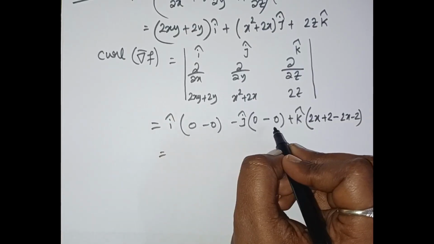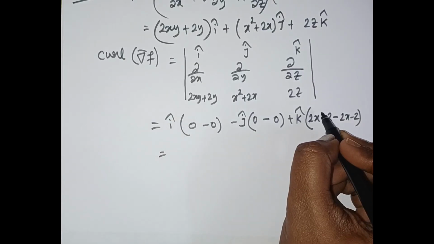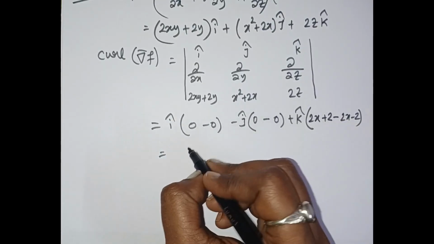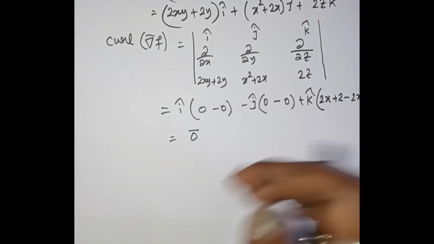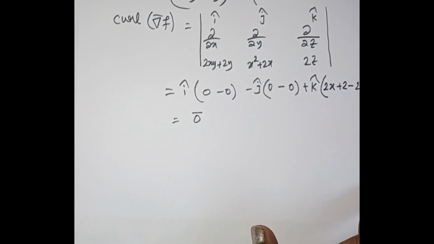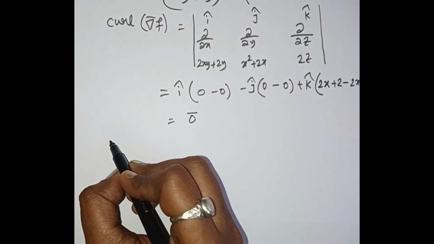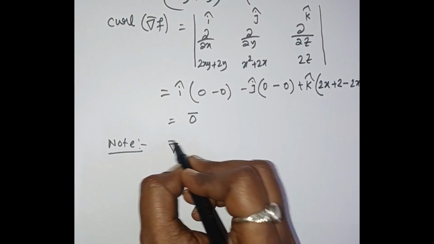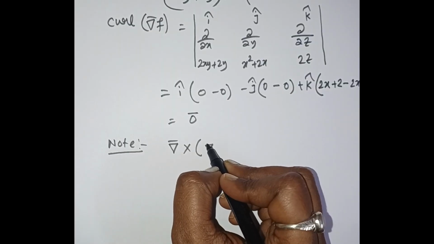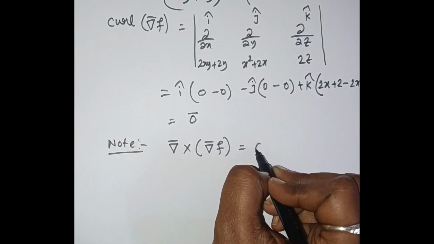So 0i plus 0j plus 0k, because 2x minus 2x cancel out, so 0 vector. That is curl of grad f equal to 0 always. And also you can write this note again, that curl of grad f equal to 0 vector.